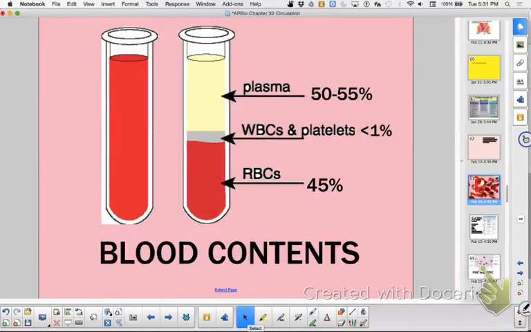Okay, so if you took your blood and you would spin it in a centrifuge, less than half of it would actually be red blood cells. More than half would be plasma, which would be the liquid portion, the matrix that this connective tissue sits in. And most of that plasma is actually water. And then you can see a small percentage here are white blood cells and platelets.